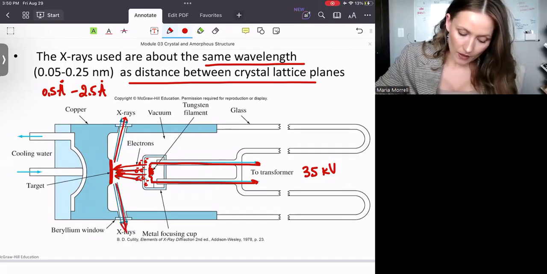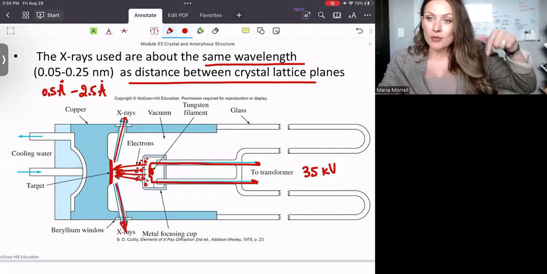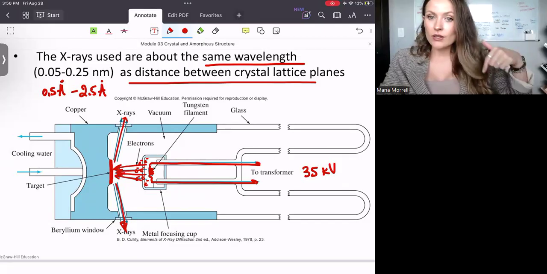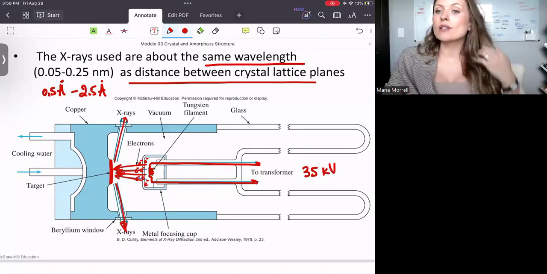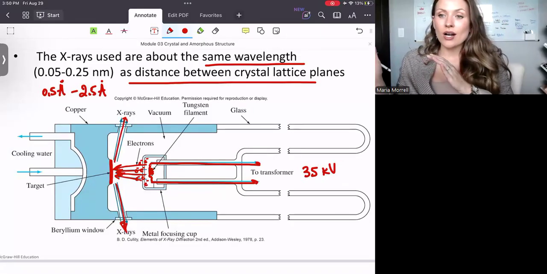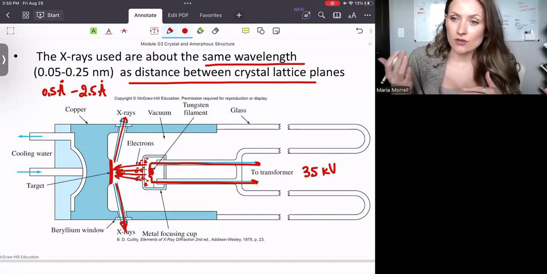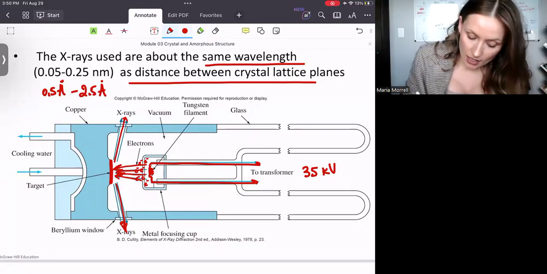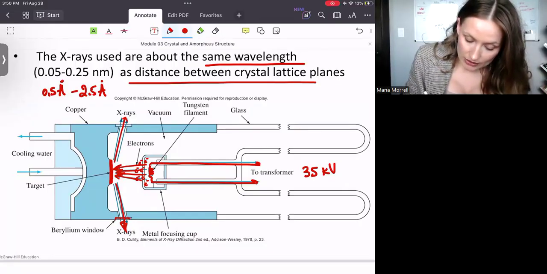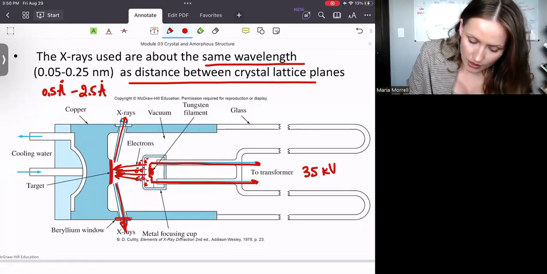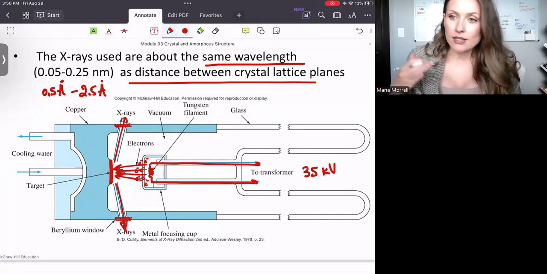Okay. And I'm about to explain what happens in the material itself so that the X-rays are produced. So once again, the electrons are accelerated toward the target, and then that produces the X-rays, right? We collect these X-rays, and we usually have beryllium windows that allow us to collect them.